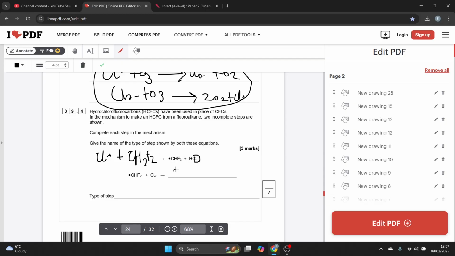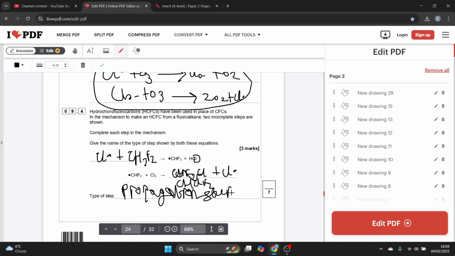Then what happens is you've got your CHClF2 plus your Cl dot. Type of step: propagation step. That's pretty simple.